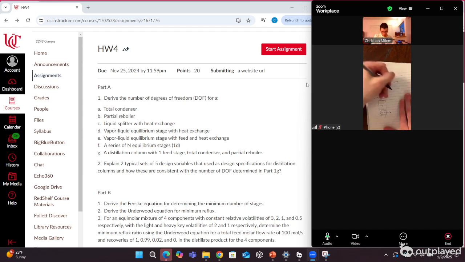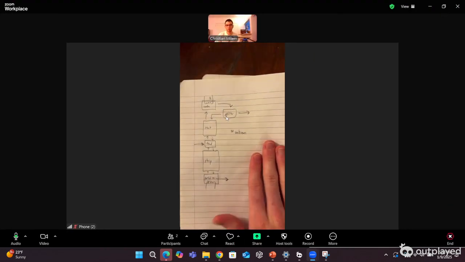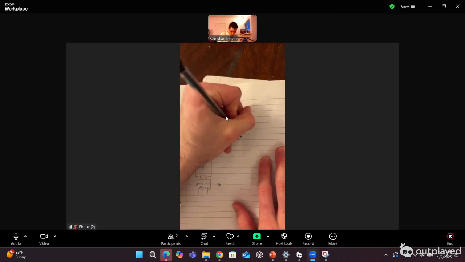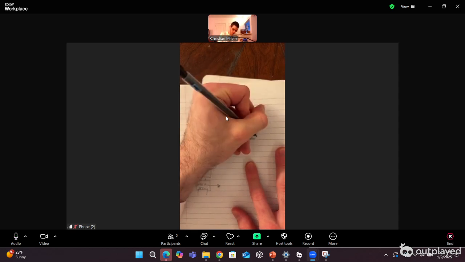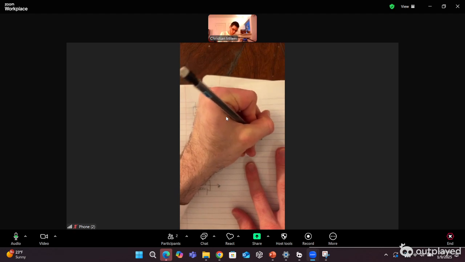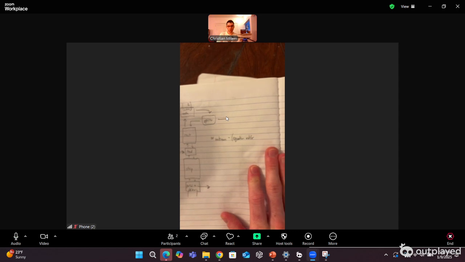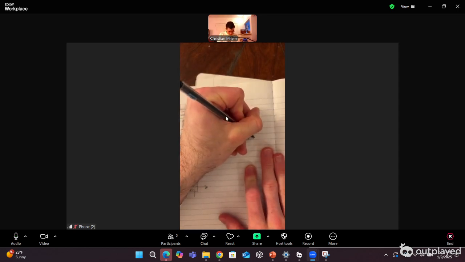So the degrees of freedom is our number of unknowns minus our number of equations and/or number of relations. So this goes all the way back to MEB.